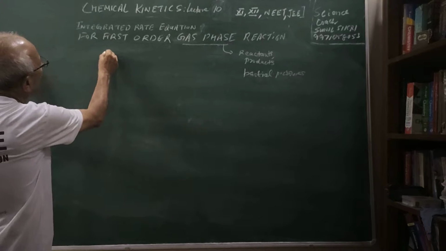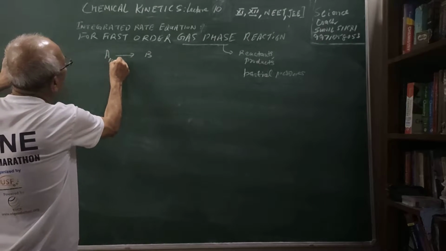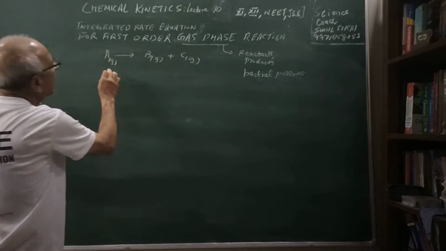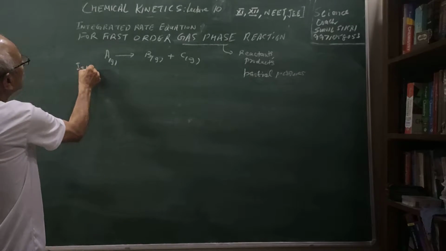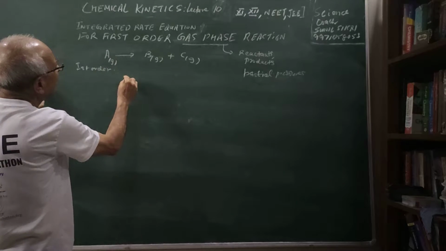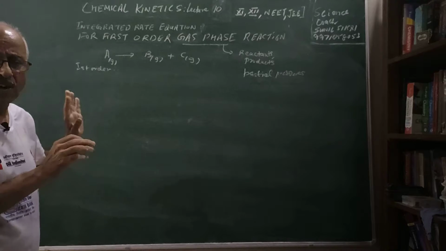For example, consider a simple reaction: A gas gives B and C gas. These are my reactants and these are my products. We are saying it is a first order reaction.